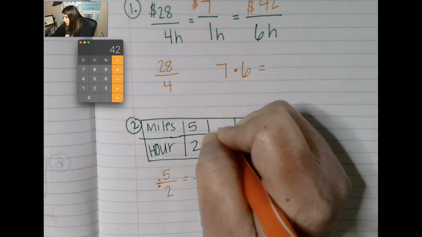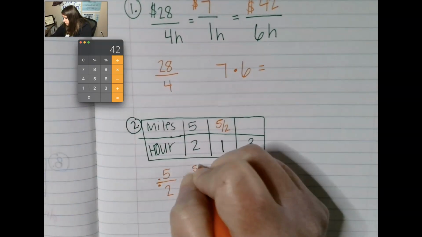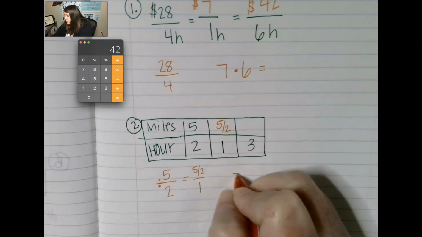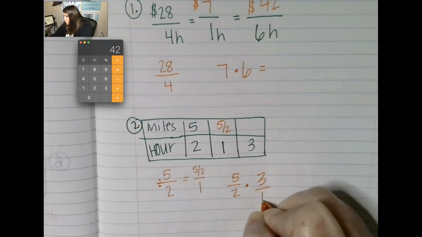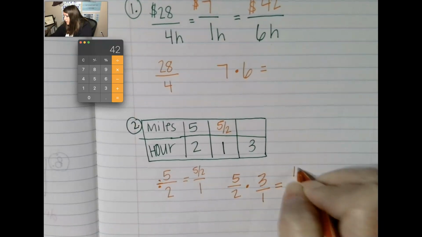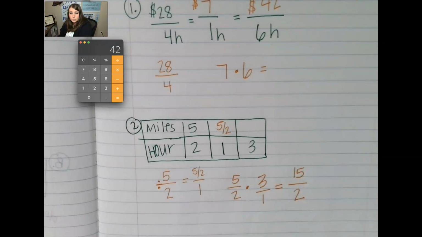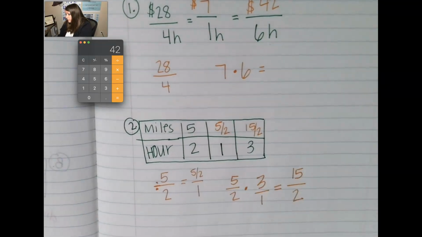So we're going to set this over 1, 5 over 2. And now we're going to multiply forward. So 5 over 2 times 3 over 1. That gives us 15 over 2. So my answer up here on the top is 15 over 2.